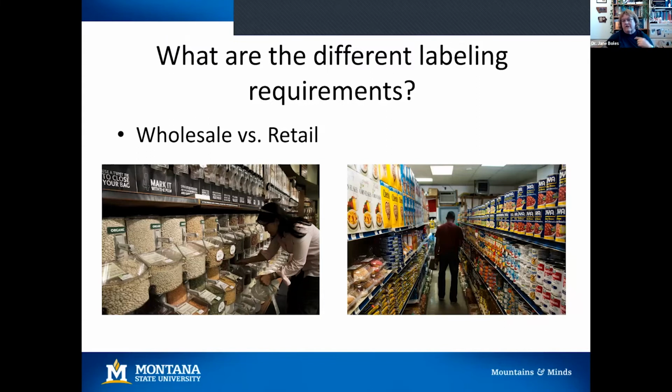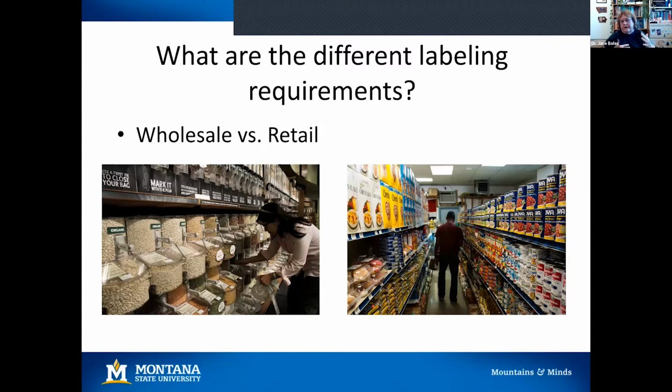Retail product has to have all of the information that we discussed before. It has to have the identifying flavor. It has to have the product, what's in it, who manufactured it, what is the ingredient list, what is the net weight.